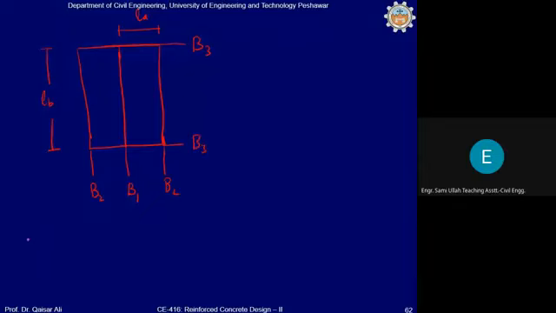And the ultimate load of slab is represented by small w u. If you want to calculate the load acting on B1, W V1, so you can calculate it very easily.